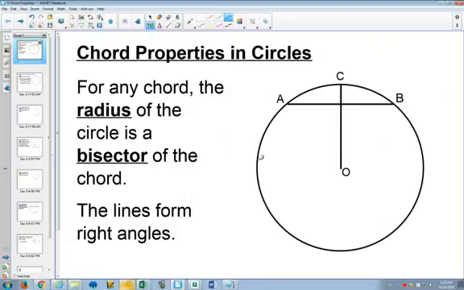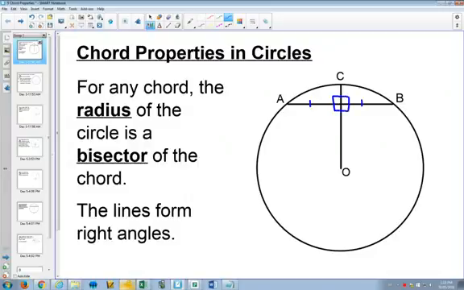chord. And for any chord, if you draw a radius that cuts this in half, so if you draw a radius that cuts a chord in half, that will always be 90 degrees.